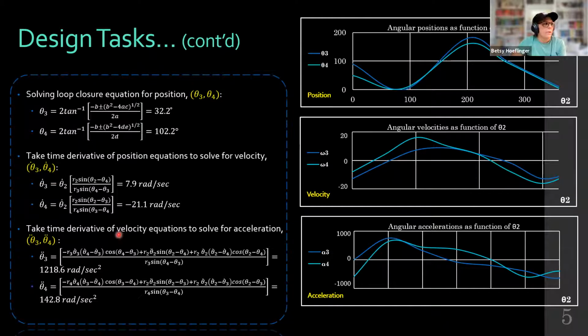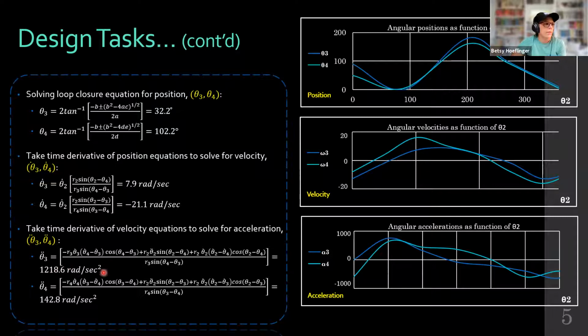And then last but not least, we get the angular accelerations as a function of your theta2 input link. You have to take, again, the time derivative of your velocity equations to get your theta double dot 3 and theta double dot 4, also known as alpha over here, so don't get confused. This theta dot is the same as omega, theta double dot is the same as alpha.